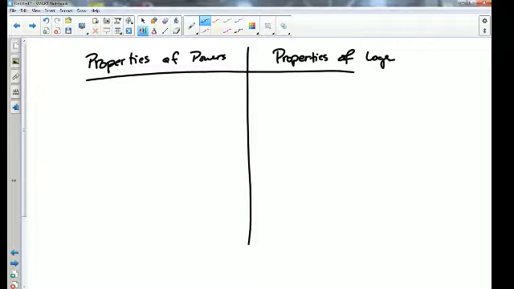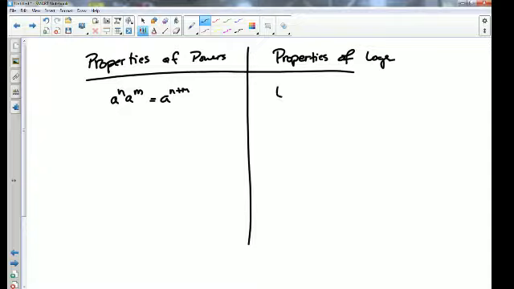What do you do if you have that? You add. Okay, there's a very similar property of logs.